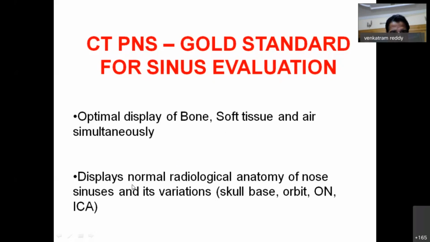It displays not only the normal anatomy of the sinuses and anterior skull base, but also variations within the skull base, the orbit, the optic nerve, and the internal carotid arteries. So these things will be very well displayed. That's why it has become the gold standard for sinus evaluation.